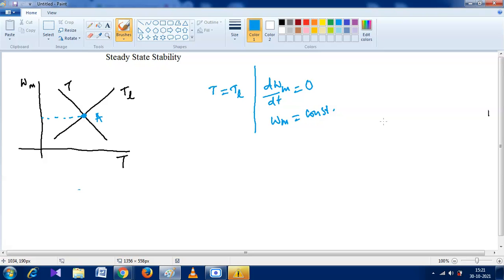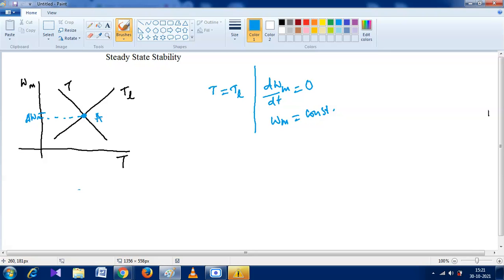Anyhow, if we increase the speed of that system by a small amount, that is, by a delta omega m, then what will happen? If the motor load system is back to point A, then we say this is a stable equilibrium point. If it is not back to point A, then we say this is an unstable equilibrium point.